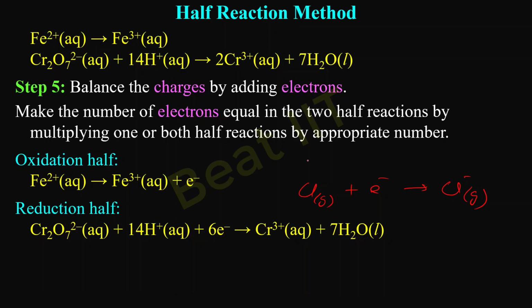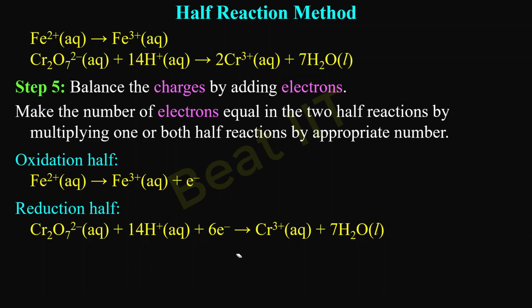It is reduction because the oxidation state of chlorine in the free elemental state is 0, and here the charge is -1. Reduction in oxidation state. It means gaining the electron is reduction. So a very important point: oxidation will have electron on the right hand side, reduction will have electron on the left hand side in all cases. Remember it so that you don't make a mistake.